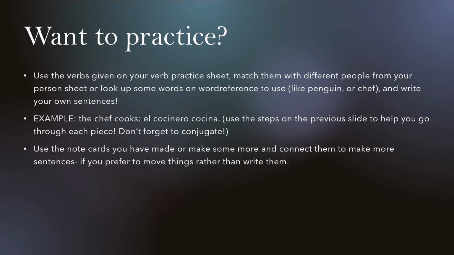All right. The other thing you can do that would involve moving your hands around is use the note cards you have made or make some more and connect them to more sentences. So if you've been making those additional activities throughout this entire course, start using those to create some sentences and make some more. Like I said, look up some fun words like penguin or sewing machine, and make those some little cards as well. You might even want to color code them.